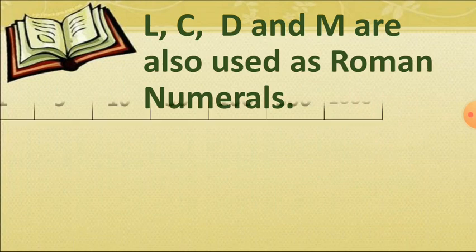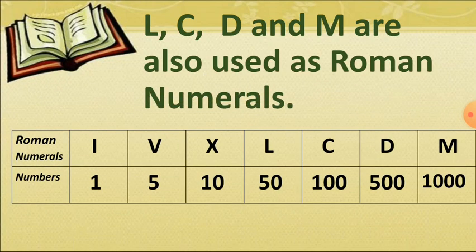Moving ahead, on the next line you will be writing this. L, C, D and M are also used as Roman numerals. Students, you have to draw the columns like this. The first column will be of Roman numerals, where you will be writing the Roman numerals which we use: I, V, X, L, C, D, M. Then the numbers.